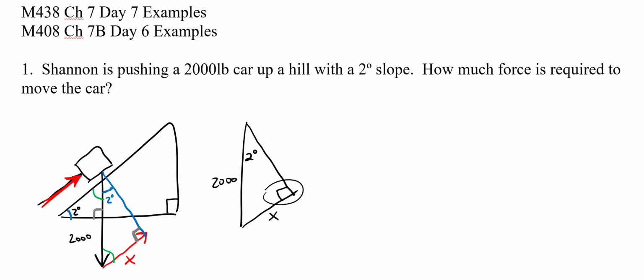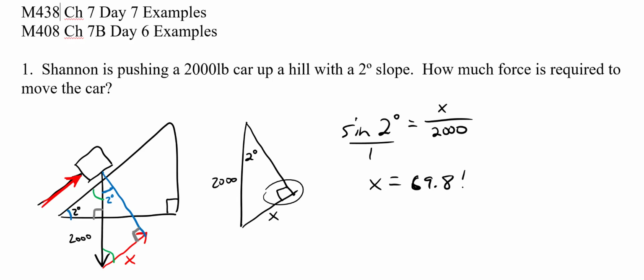So you can, or you can just use basic right triangle trig and say sine of 2 degrees equals opposite over hypotenuse. You cross multiply and put it in your calculator, making sure you're in degree mode, and you get 69.8, and that's pounds.